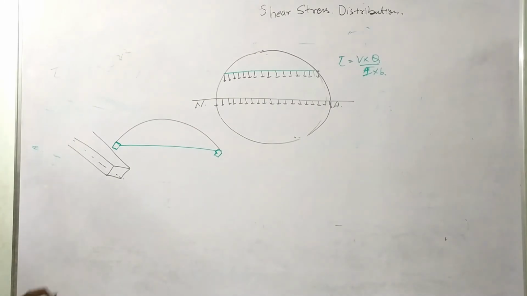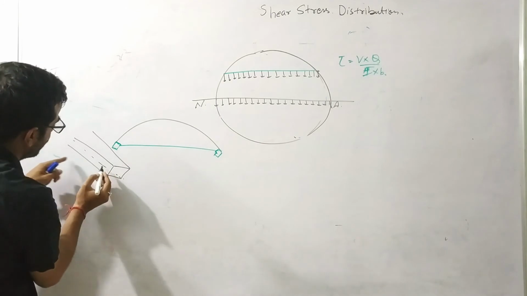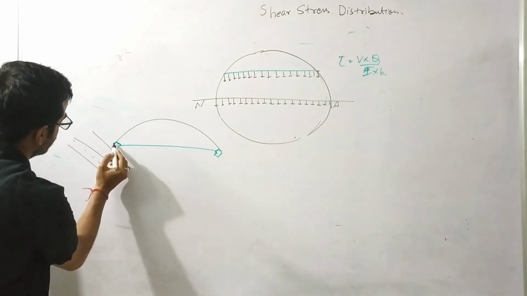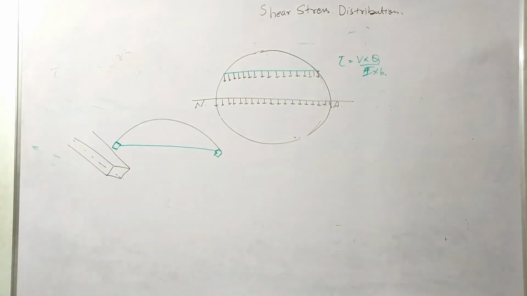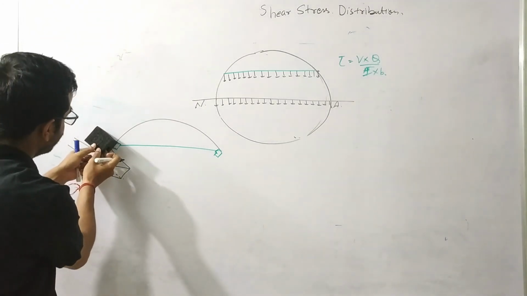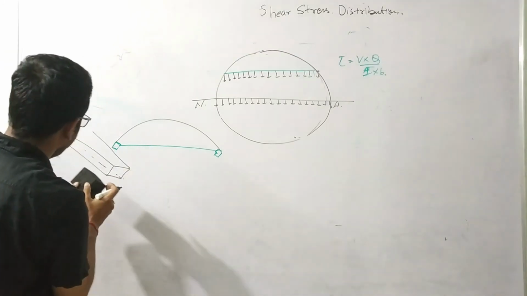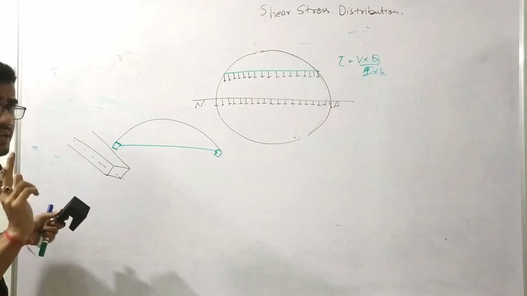The outer surface of it, I mean this outer surface, if you imagine this is a cross section I am taking, now you can see that at this outer surface there won't be any shear stresses.